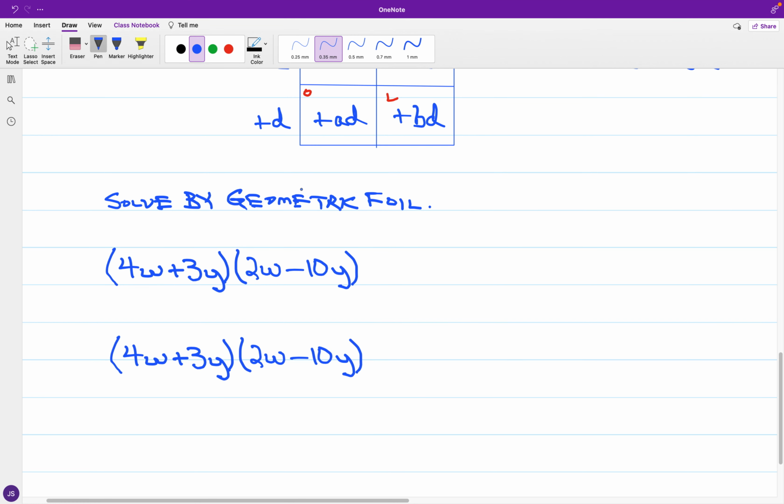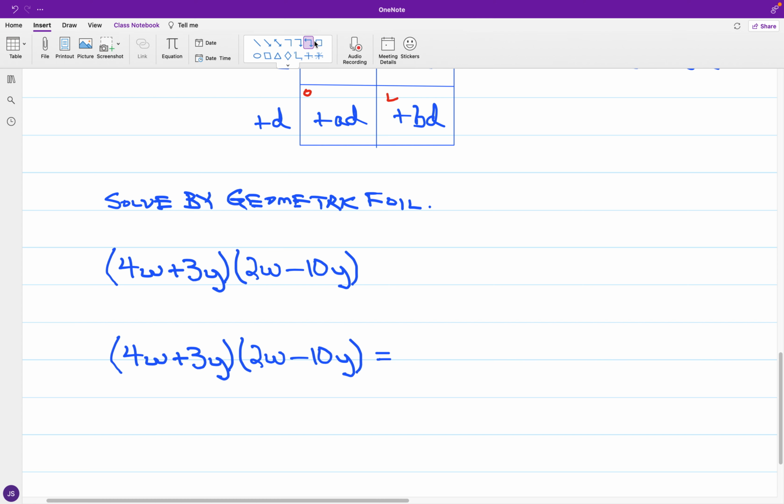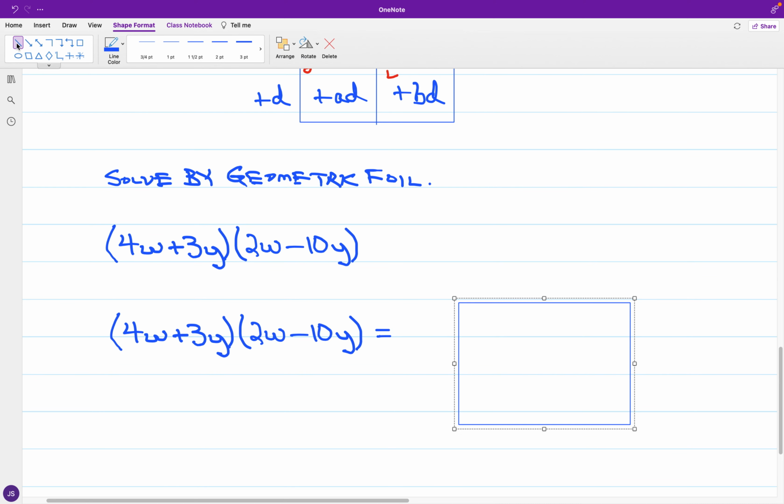So if I put these terms in row and column formation, operationally, it does not matter which binomial you have as the row headings and which you have as the column headings.